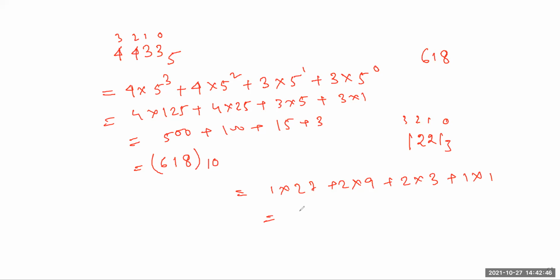So it is 27 plus 18 plus 6 plus 1. So it is 52.